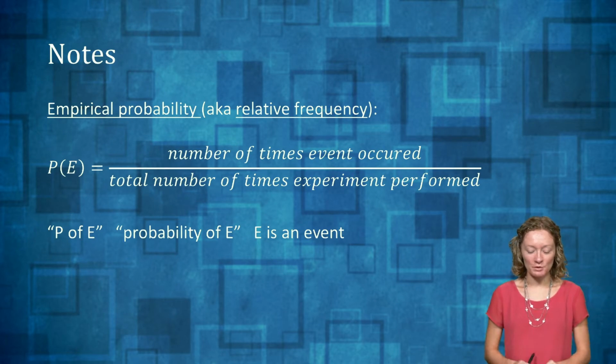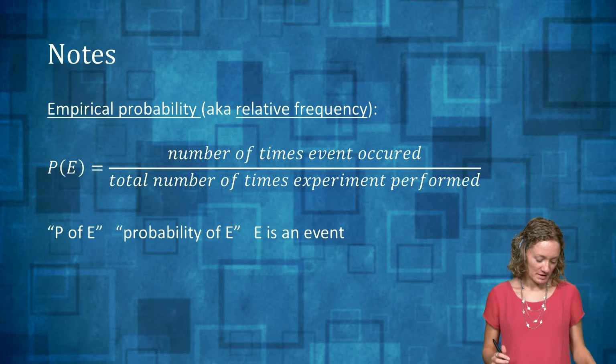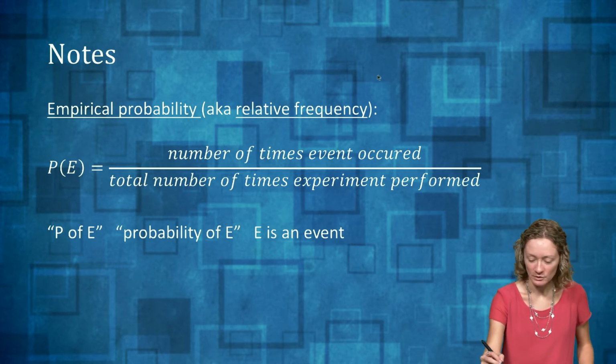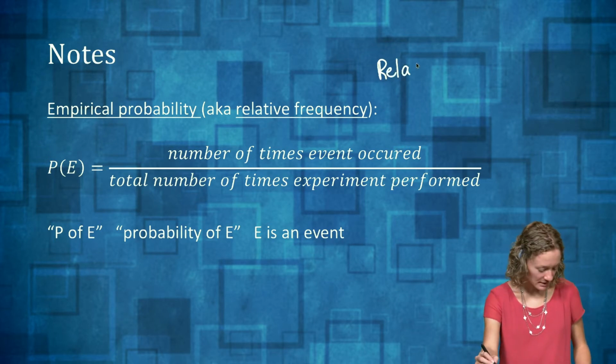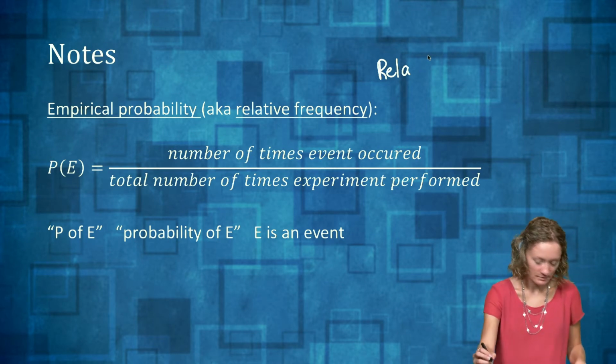Okay, so the first of the two we're looking at, empirical probability. This is also known as relative frequency. The definition here, it's kind of boring, but we'll list it. They also call it relative frequency because empirical probability is the relative frequency of an occurrence of an event.